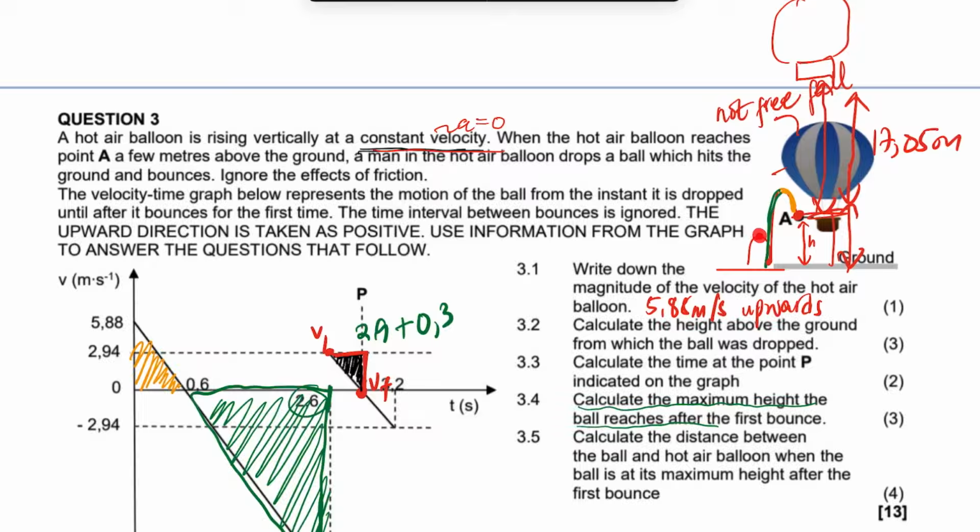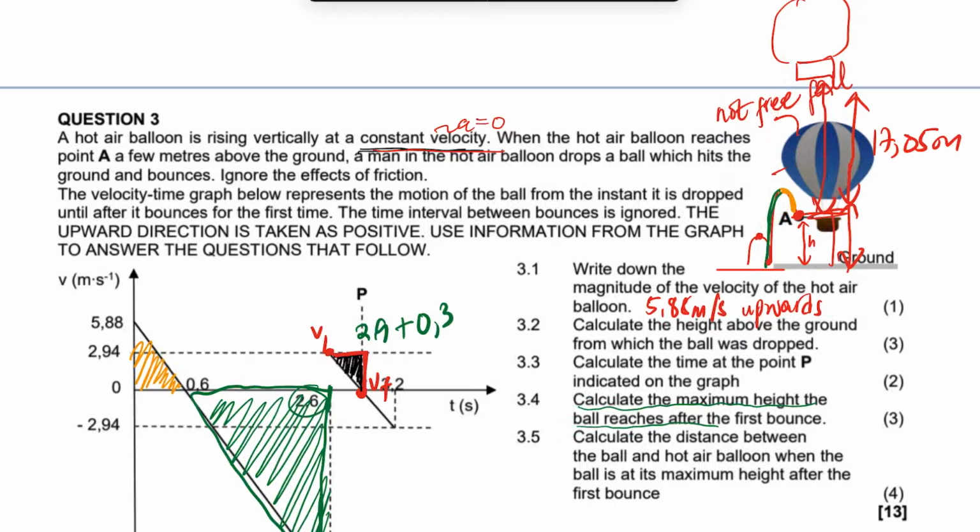We wanted the distance, so we want this part here. So from that we'll subtract, since we know from the ground it's that. If we subtract this, it will tell us the distance between them.